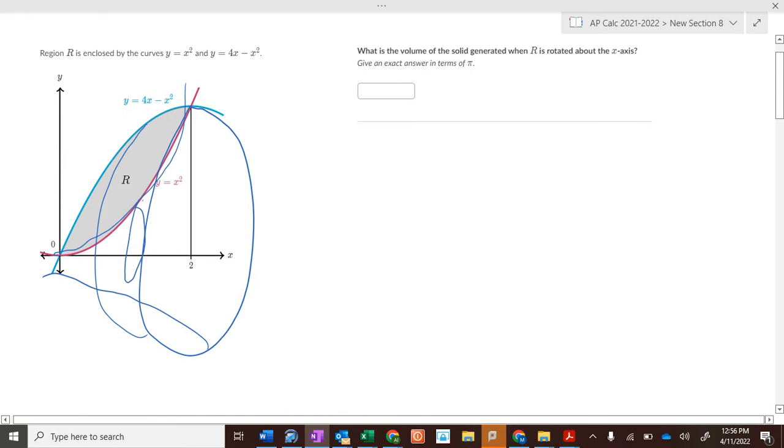So if we're revolving around the x-axis, we leave these in terms of x. Okay, so it's pi r squared, but we're subtracting. So what we have to do is go pi times the integral from 0 to 2 of r squared of the top one, 4x minus x squared, minus the bottom one squared, x squared.